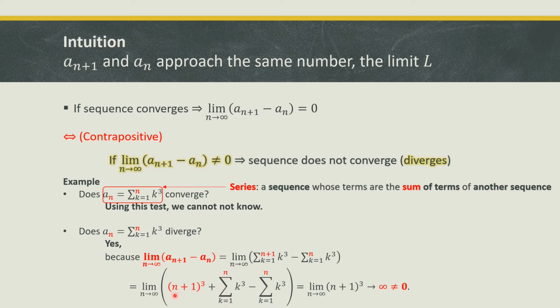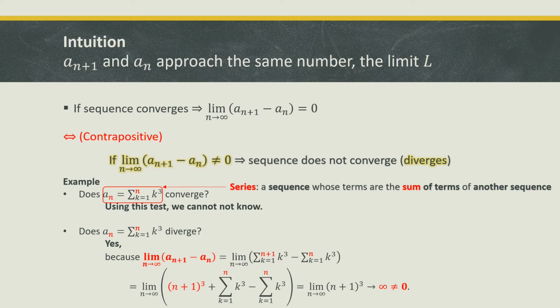So this is the n plus first term, and this term is just the terms from k equals 1 to k equals n. And this term cancels with this one, and we are left with this limit. And we already know that this limit is infinity. So this sequence here approaches infinity, and infinity is not 0. And therefore, we can conclude that this sequence actually diverges. Therefore, it does not converge.